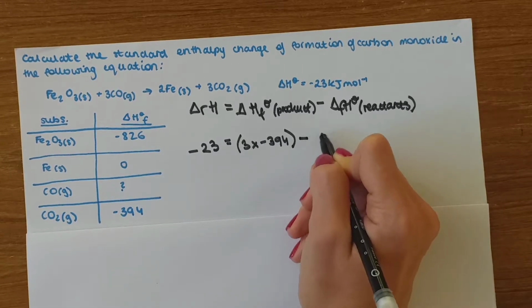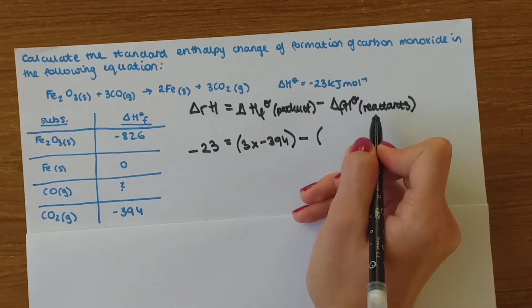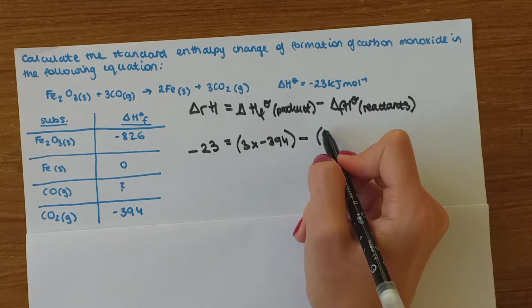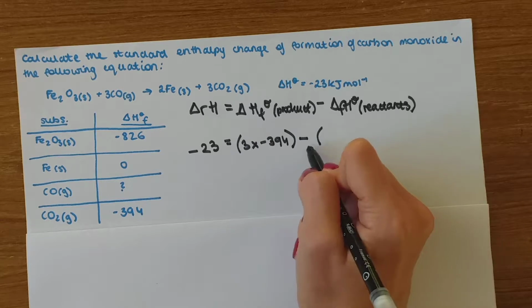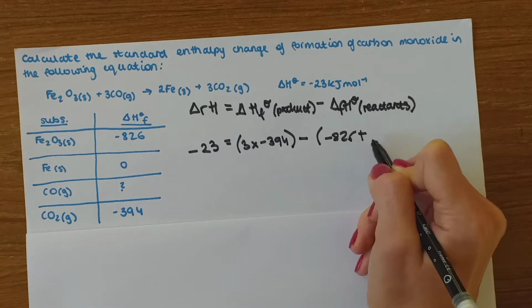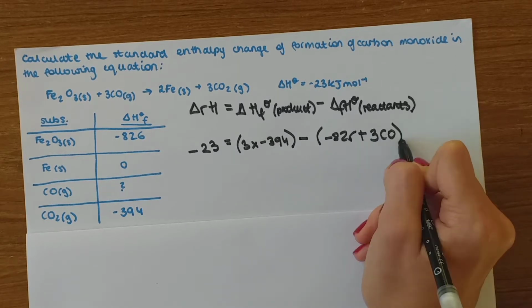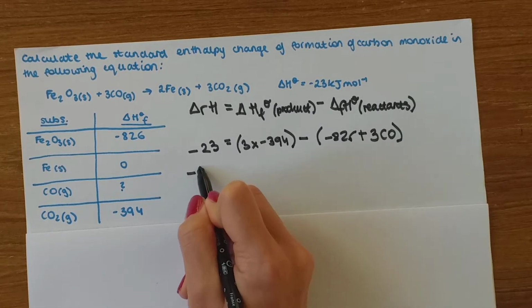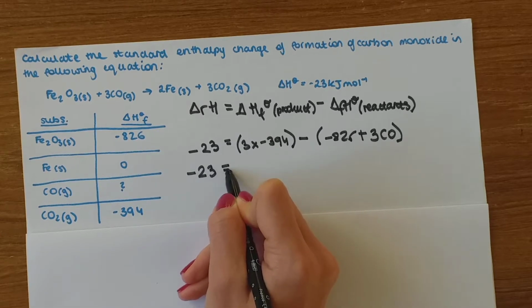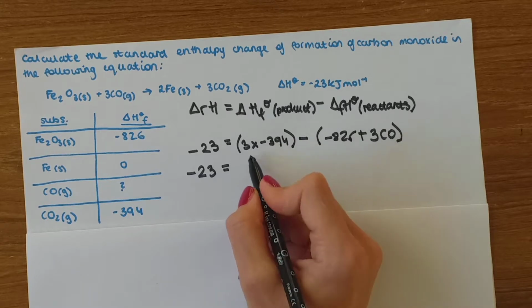Then we take away the standard enthalpy change of formation of reactants. In this case, it's the Fe2O3, which is minus 826, plus 3 carbon monoxides, which we don't know, and we're trying to find it.